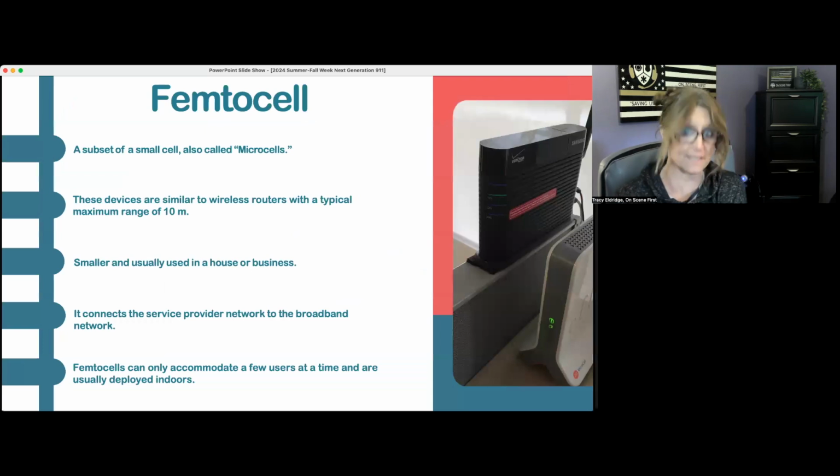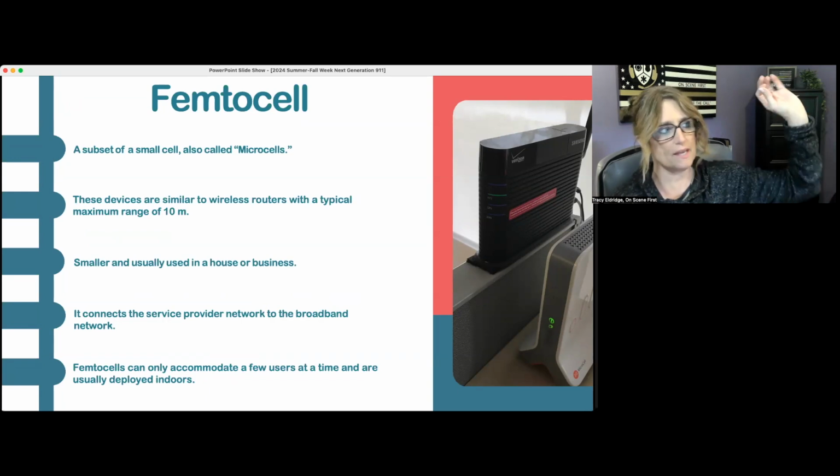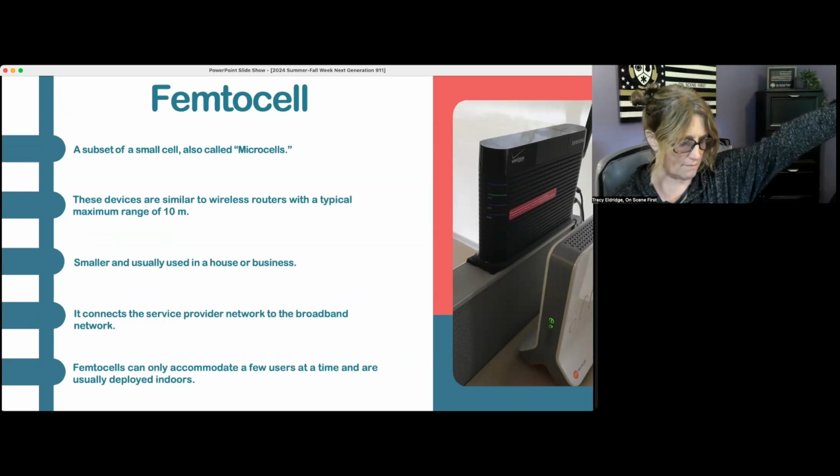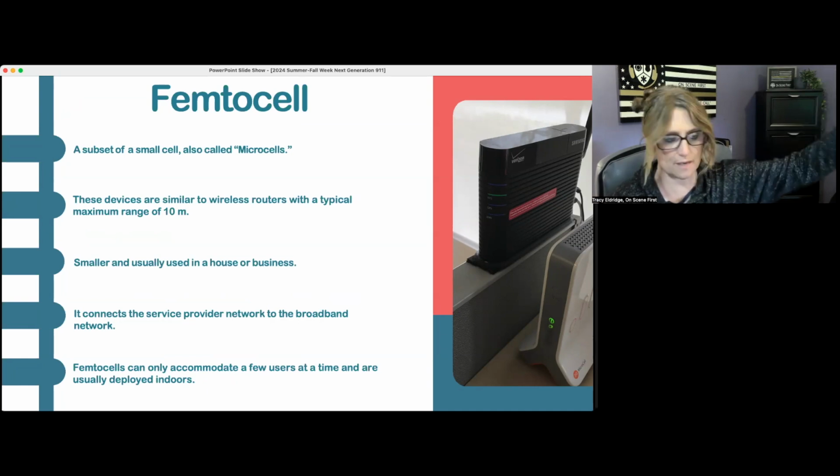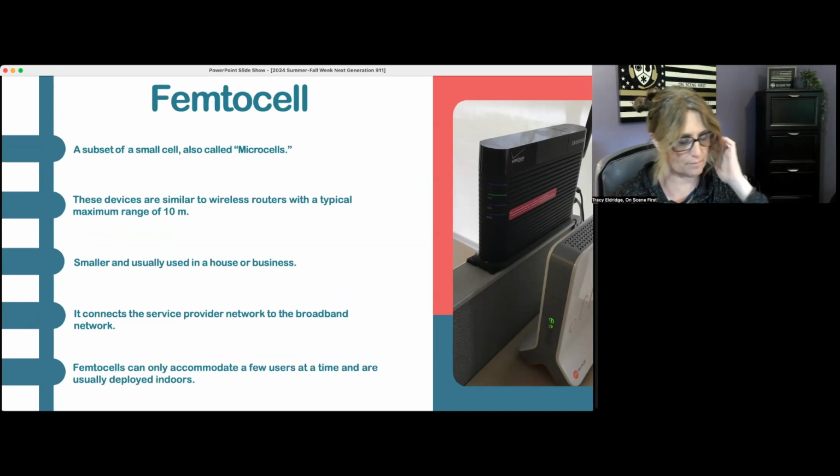A femtocell is a subset of a small cell, and it's also called a microcell. So the small cell versus a macro cell. You think of a small cell being out in the public, in the world, at the stadiums, at the movies, shopping malls, large facilities, large congested areas.